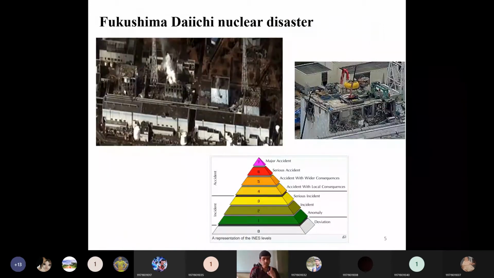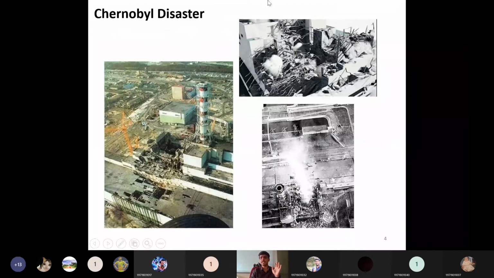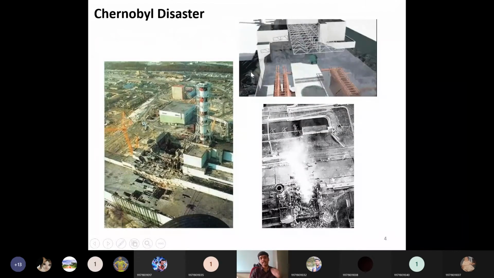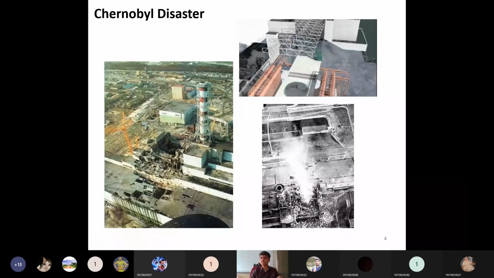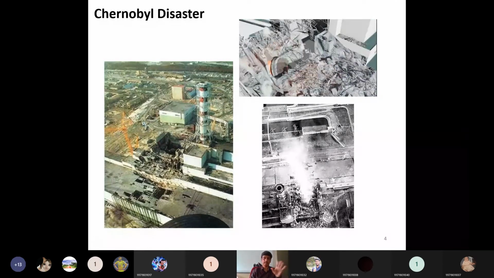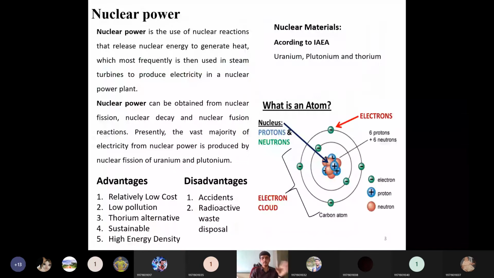But in the Fukushima Daiichi nuclear incident, due to the earthquake and tsunami, some active reactors were shut down, and due to that shutdown the accident happened. But the main trigger was a natural disaster, a tsunami and earthquake, whereas the former was due to design flaws. So these were the two major accidents in nuclear energy power generation.